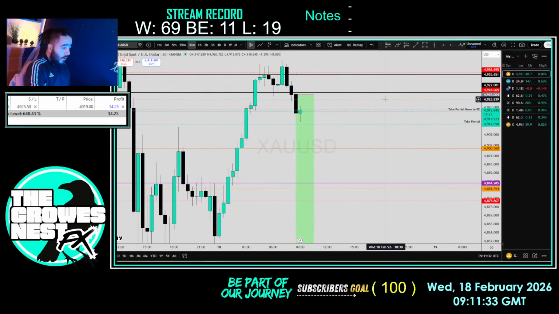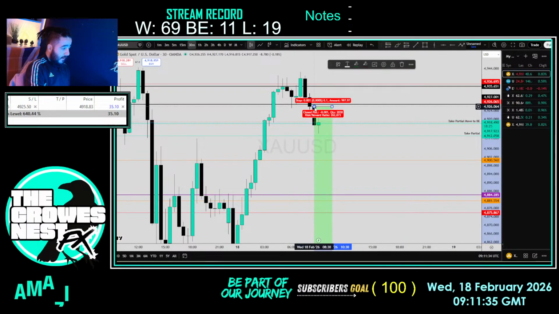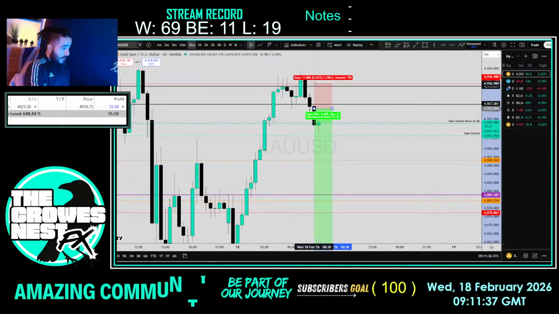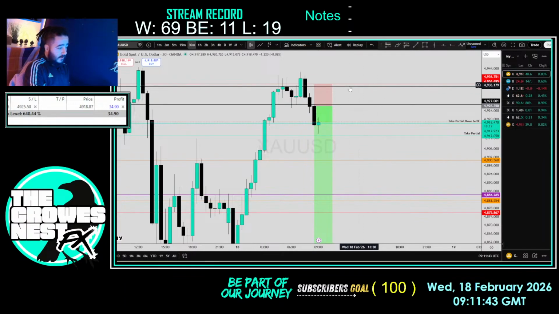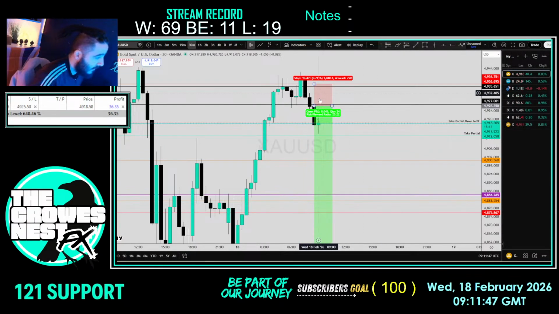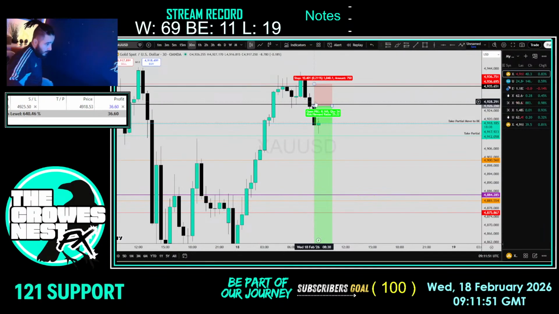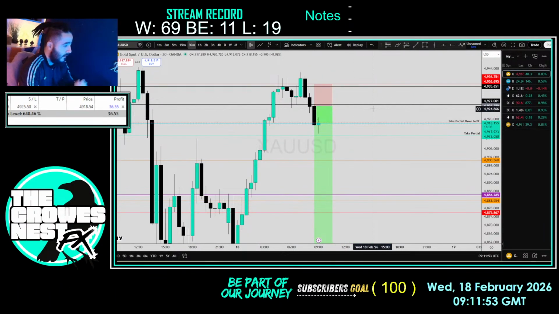Risk free. If you want, because you've took partial, by all means, keep your stops where they are. Bit of a breathing space. You'd technically be break even if you do come and hit stops, because this technically should be $50 on a 50k account, and you would have took $50 out. So you could do that as well.